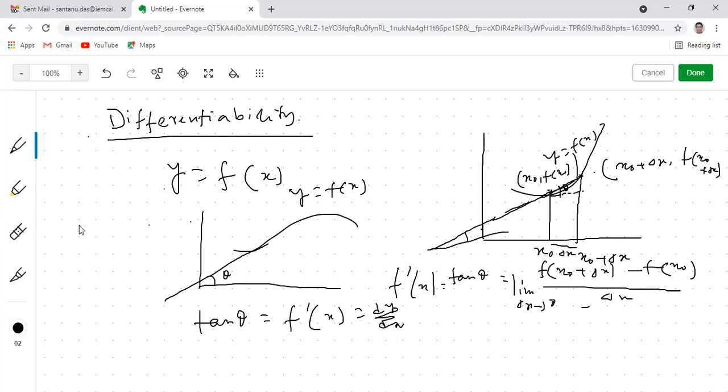Another thing is that we can measure the direction along the curve by virtue of the tangent. Why? If I consider circular motion, say a particle rotating in a circular orbit, then at any instant, if I want to identify the direction of the particle in that orbital motion, the direction will be along the tangent. At this point, along the tangent, this will be the direction.